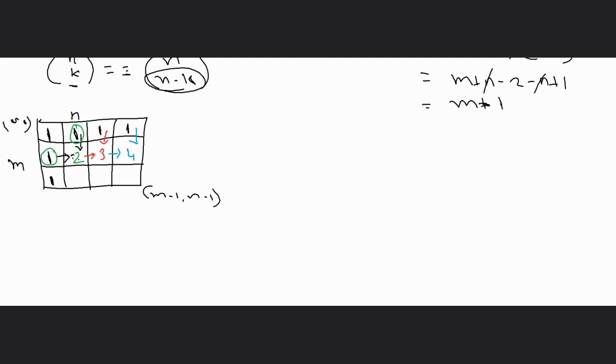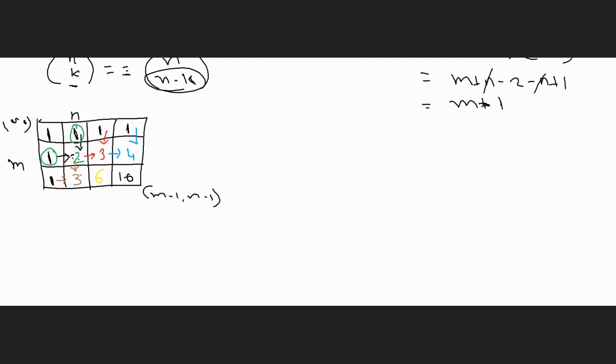Now for this cell, 2 plus 1, which is 3, right? And for this cell, 3 plus 3, which is 6. And for the last cell, which is our answer, the number of unique paths is 10.